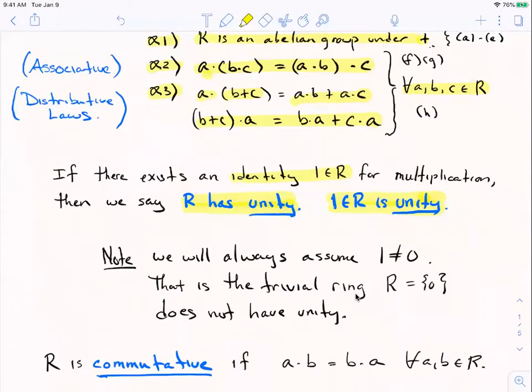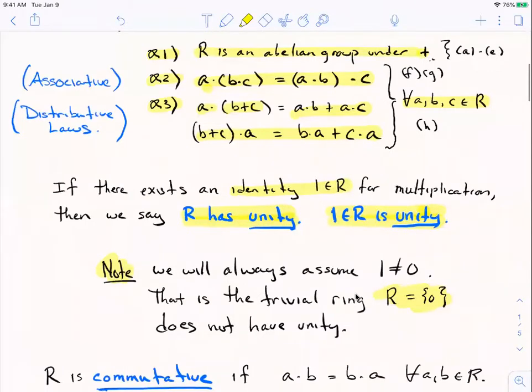Here's just a little note. There is one ring, you can take the set with one element in it, call that element 0, and define 0 plus 0 to be 0 and 0 times 0 to be 0, and it will satisfy all these axioms. It's called the trivial ring. It's absolutely non-interesting, but just as a technicality, I won't consider the trivial ring a ring with unity, even though the 0 is acting like a multiplicative and additive identity.